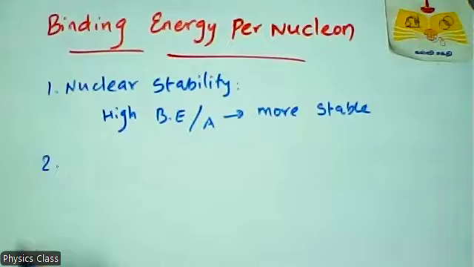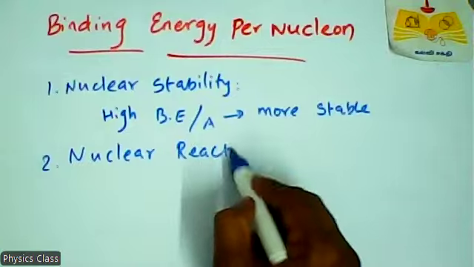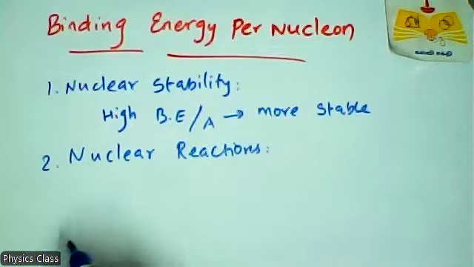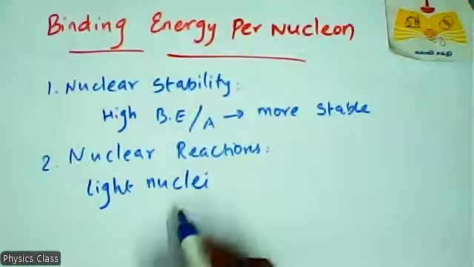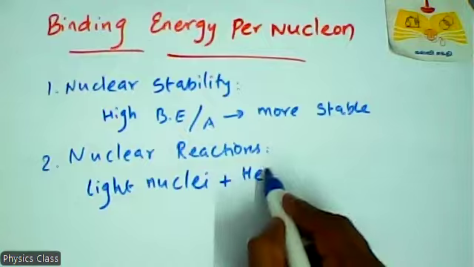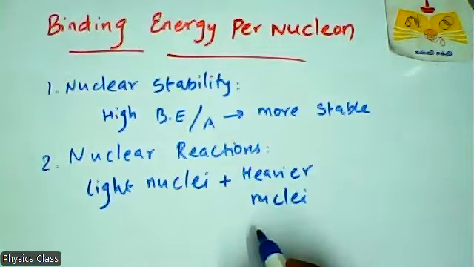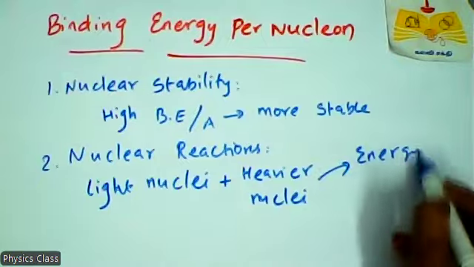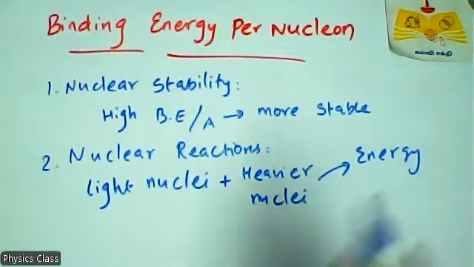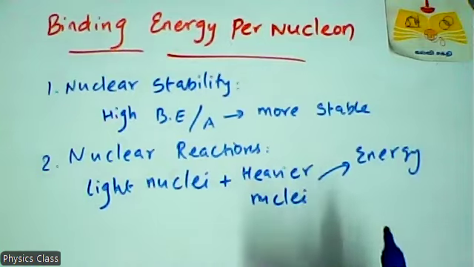Second one, in nuclear reactions. In nuclear reactions, light nuclei combine with light nuclei to form heavier nuclei and release energy, because the product nuclei have higher binding energy per nucleon.